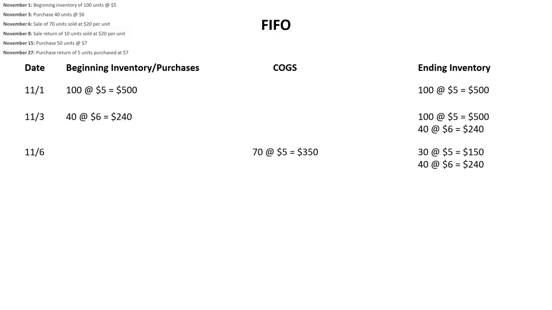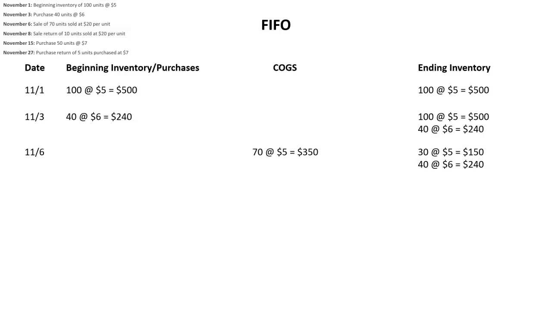So instead, since it's FIFO, we are going to sell all 70 of these units at $5 each because those units at $5 each were the first ones to come in. So now they're the first ones to go out. So we sell 70 units at $5 each. And then we update our ending inventory on that day.